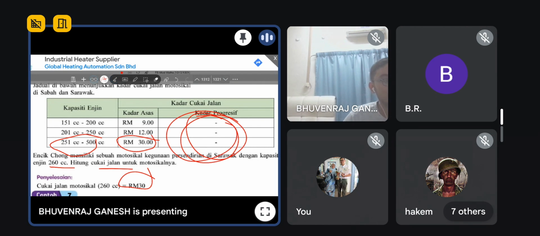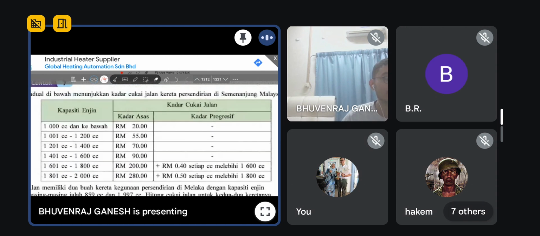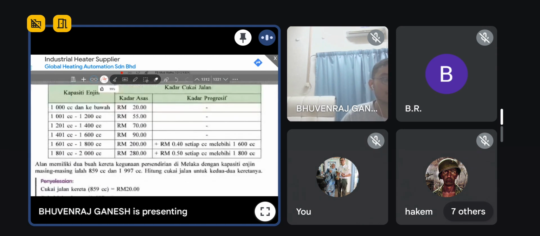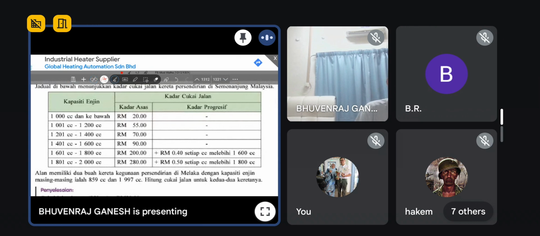Okay, so there's another example for road tax. You can see over here. Let's say now there are two types lah. This one and this one. Ada dua jenis. So basically, for the first type, we don't have progressive rate. Tak ada kadar progressive. So this is our value only.